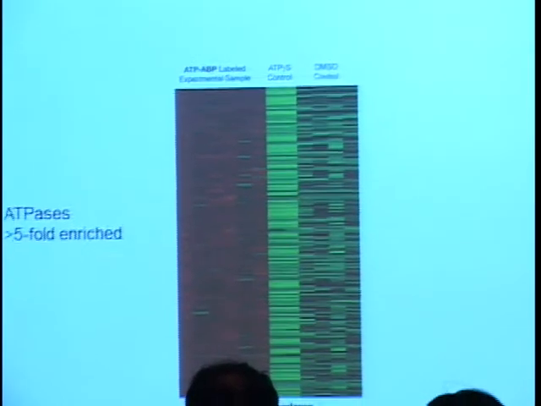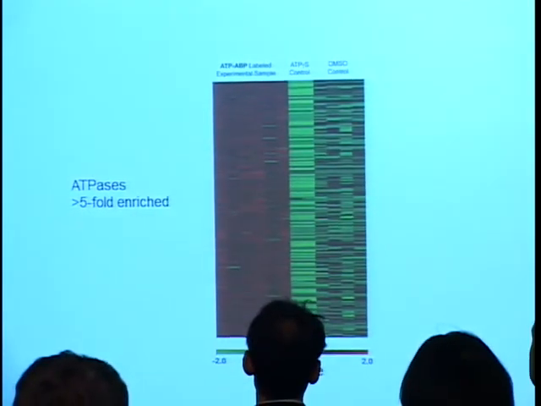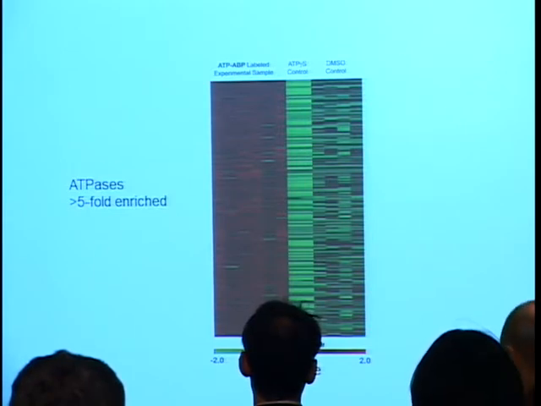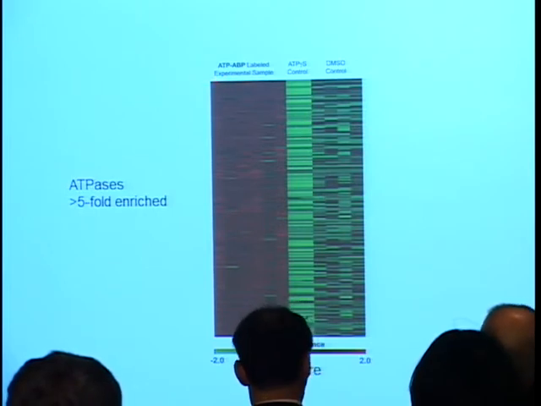And we used a quantitative mass spec approach to identify these proteins, the accurate mass and time tag approach. And this is a heat map representation of the whole data set. One line is one protein with the replicates here.